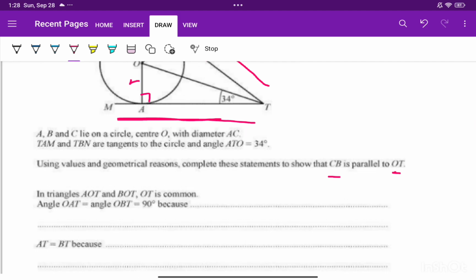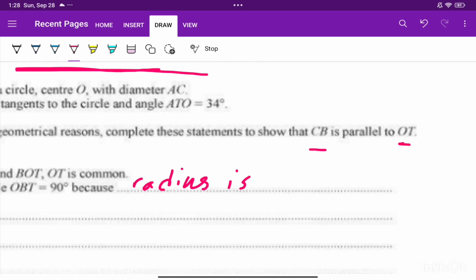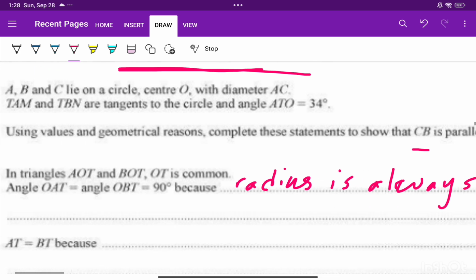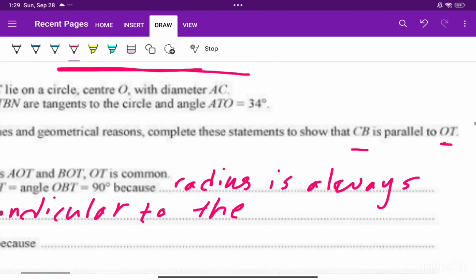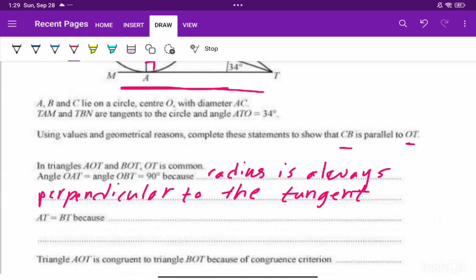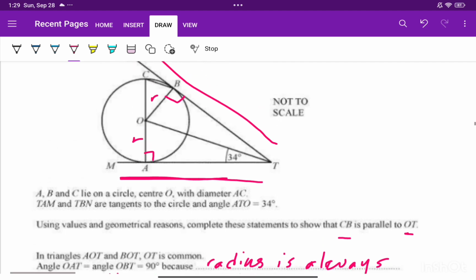So we will write: radius is always perpendicular to the tangent. AT is equal to BT.